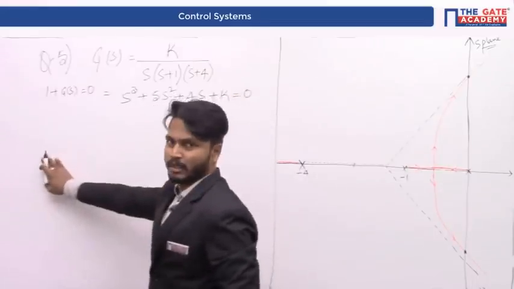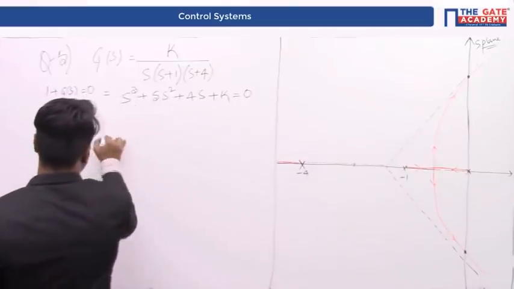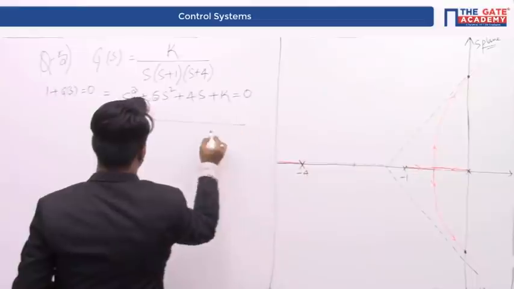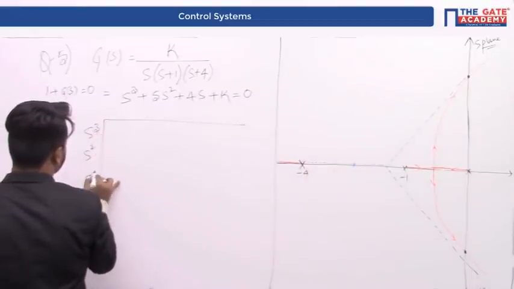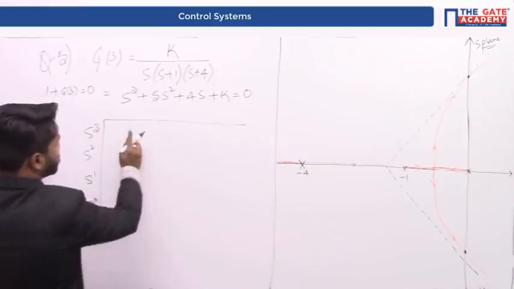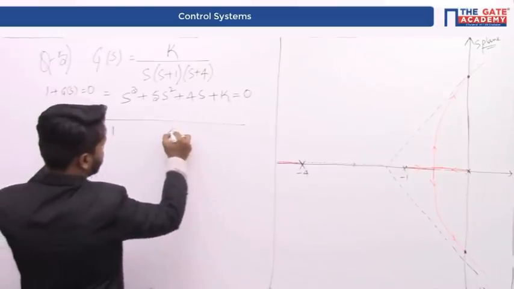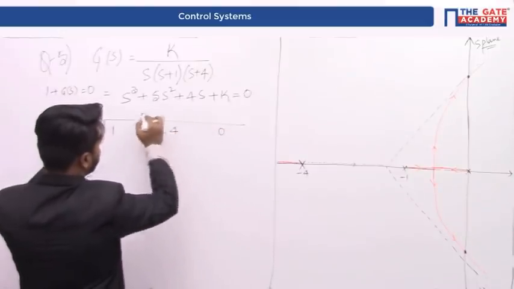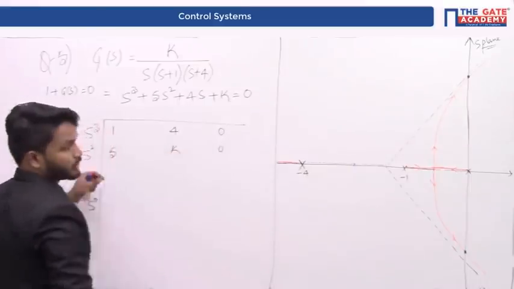It is quite simple to calculate this. Therefore, put this particular equation in the Routh array. Routh array is s cube, s square, s power 1, s power 0. The coefficient we are going to place here is 1. The alternate coefficient is 4, 0 here, 5, k and 0 here.